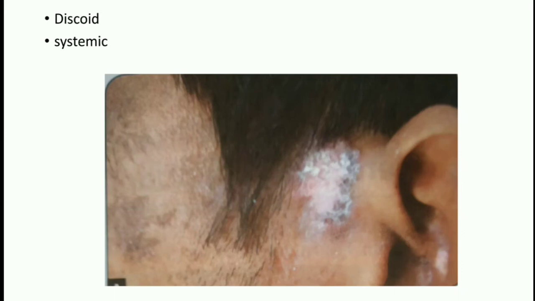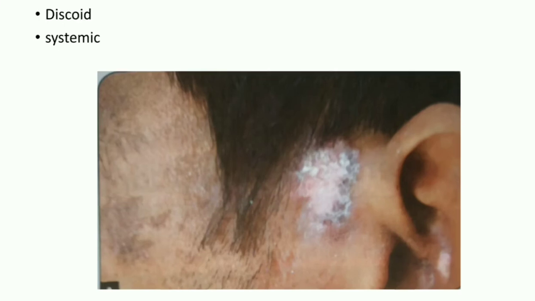In this picture you can see that it is reddish colored, and the shape is discoid, that means just like a coin, so it is a red discoid plaque with an adherent scale.